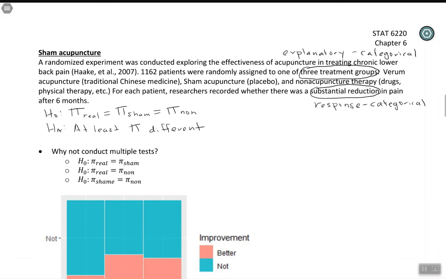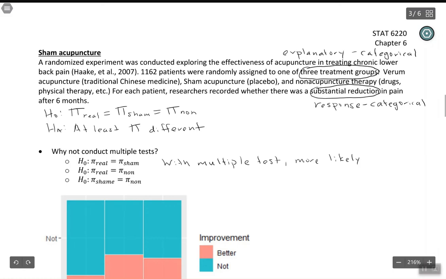Why conduct a test with multiple parameters at once instead of just doing multiple tests that compare 2 treatments at a time? So remember, we have this problem with multiple tests, right? Multiple tests, you're more likely to get a false positive. And the reason for that is because when we talk about our alpha level as the probability of type 1 error, we're talking about one test.